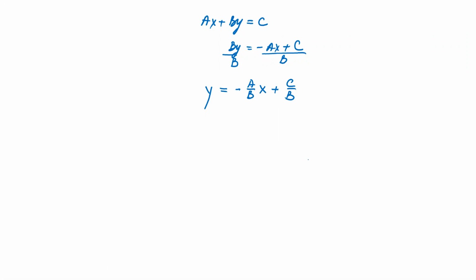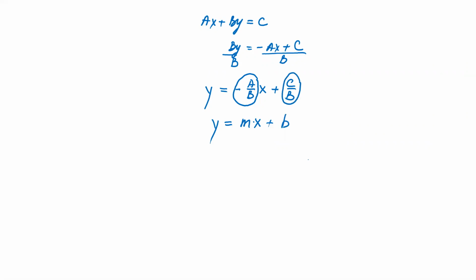The truth is that you will never see it in this form in the math books. Why? Because in the math books, this negative a over b is going to be replaced with a lowercase m, so this is going to be mx. And this c over b is going to be replaced with a lowercase b.